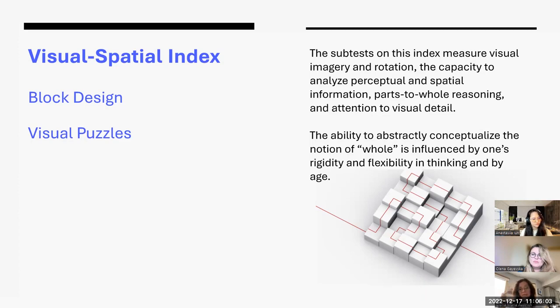And in writing, it's being able to think of the essay that you're going to write and put it together. Putting the pieces together to create a plot or a summary or idea or an argument. So this is basically that kind of reasoning that this index measures.